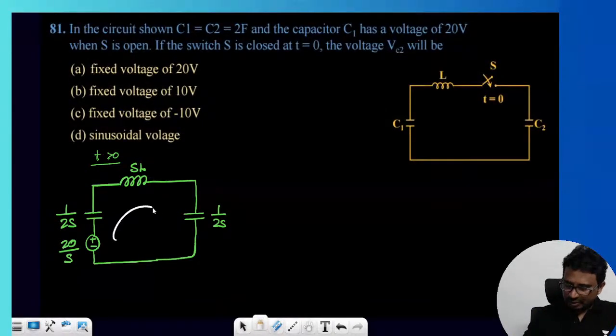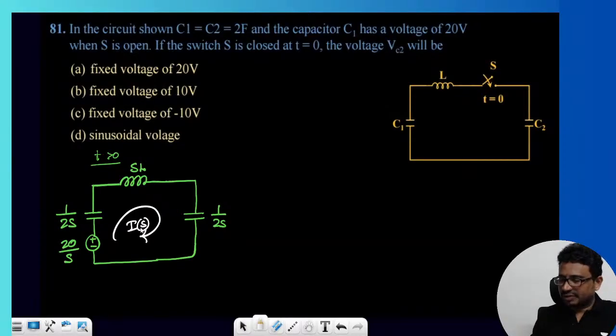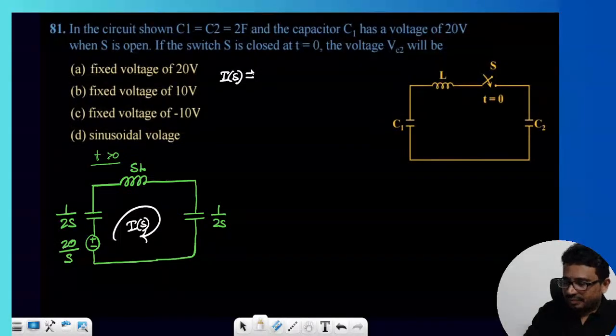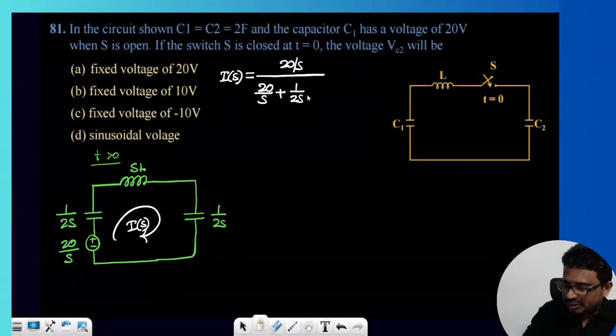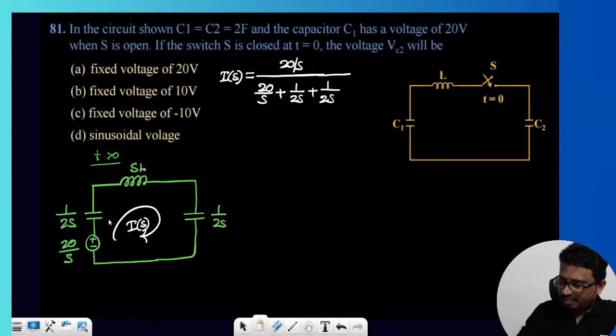Now if I call this current I of s, what will be this I of s? That should be 20 by s divided by 1 by 2s plus 1 by 2s plus SL.